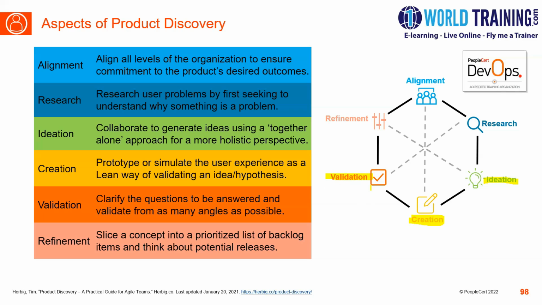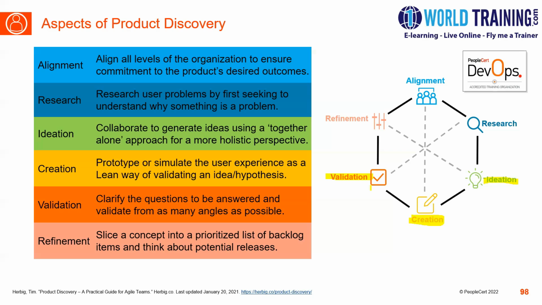Clarify any questions which have to be answered, and try to validate the product from every aspect. We should ask questions. We should validate whether the product which has been produced as an MVP satisfies the needs of the stakeholders, the consumers, or the customers. So validation is the next important aspect.